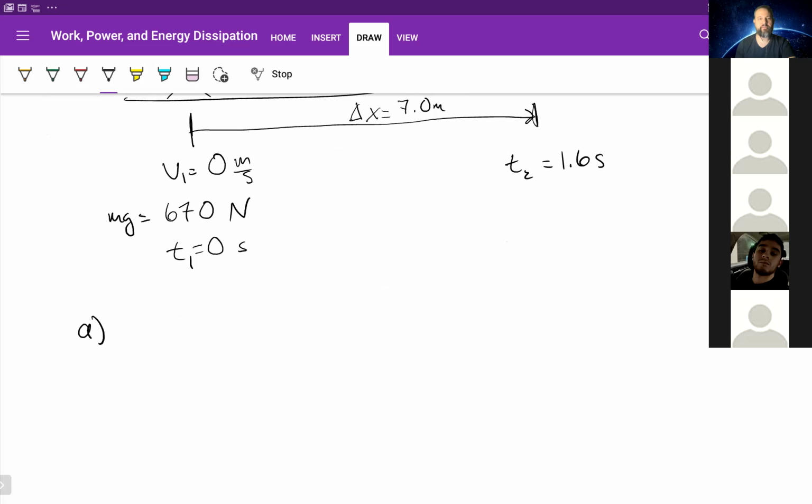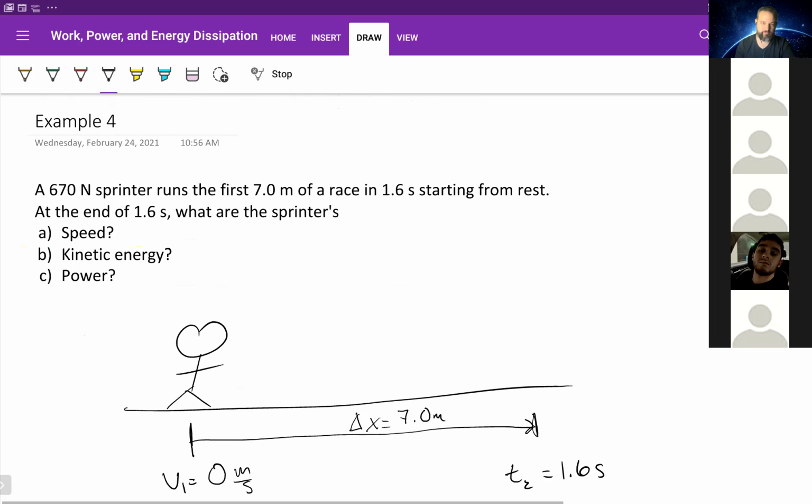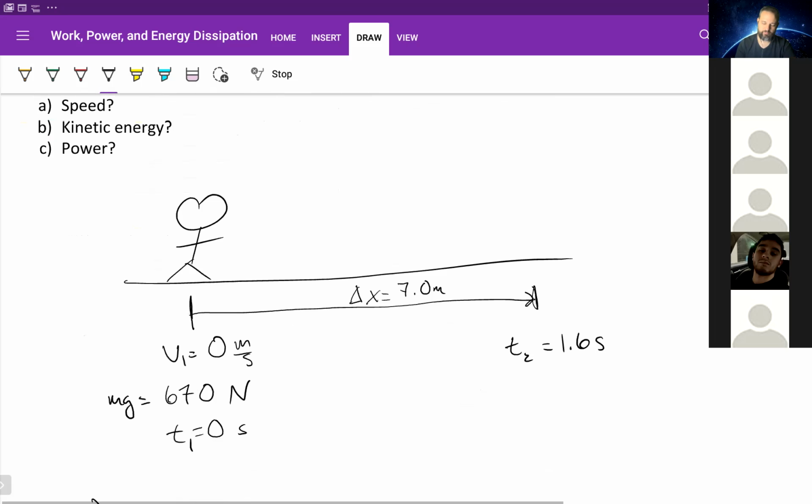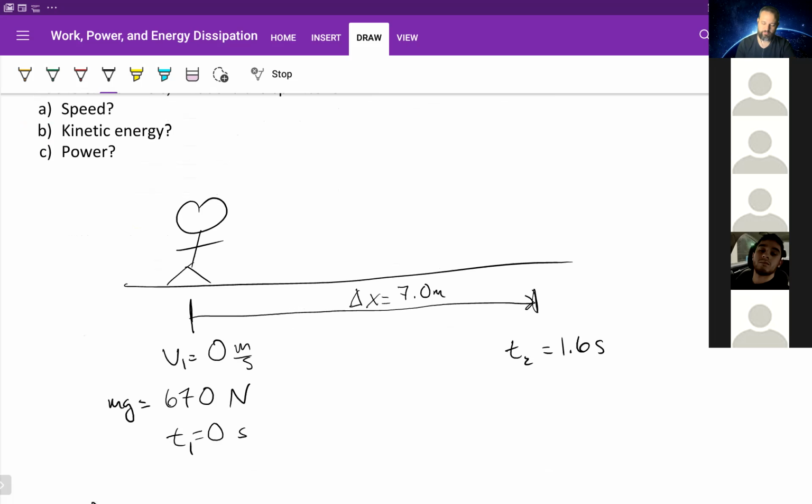we have to figure out the acceleration to figure out the speed. So we got to figure out what his acceleration is.